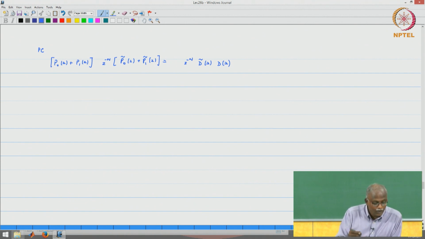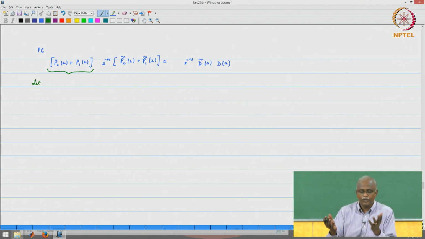Now let us look at the polynomial P naught of Z plus P1 of Z. We do not know where the zeros lie, since it is a combination of two polynomials.